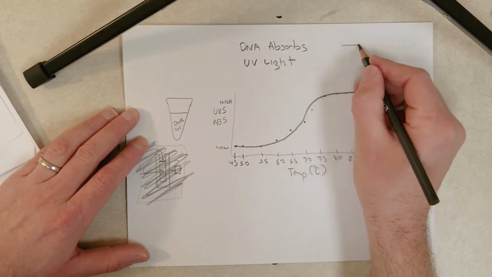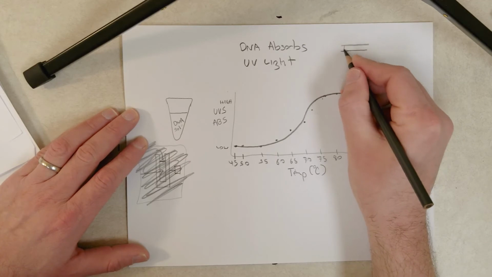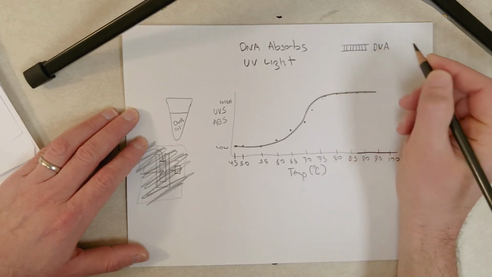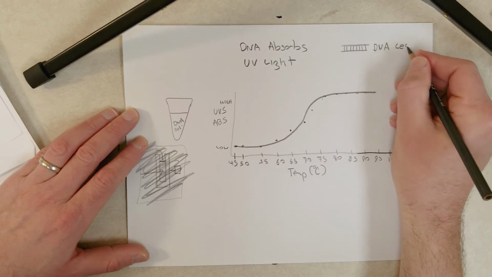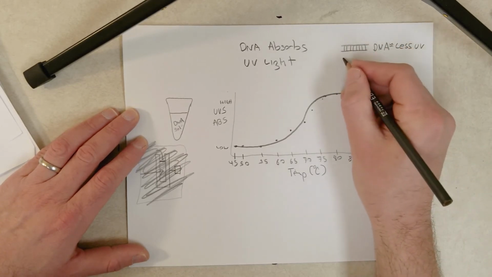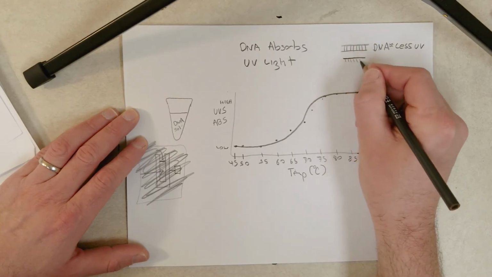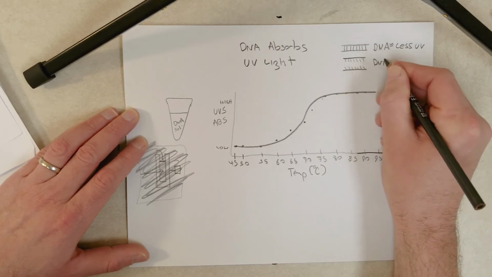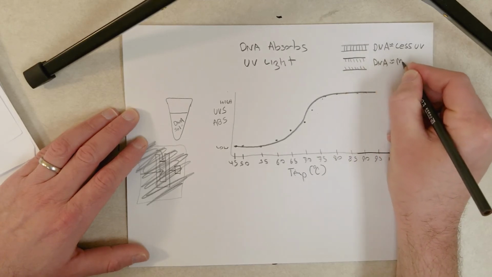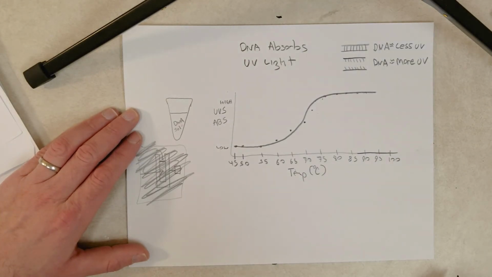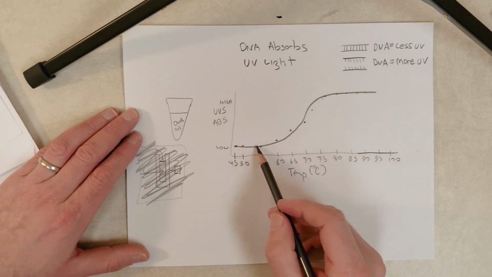It turns out that double-stranded DNA absorbs less UV light than single-stranded DNA. So single-stranded DNA absorbs more UV light than double-stranded DNA.